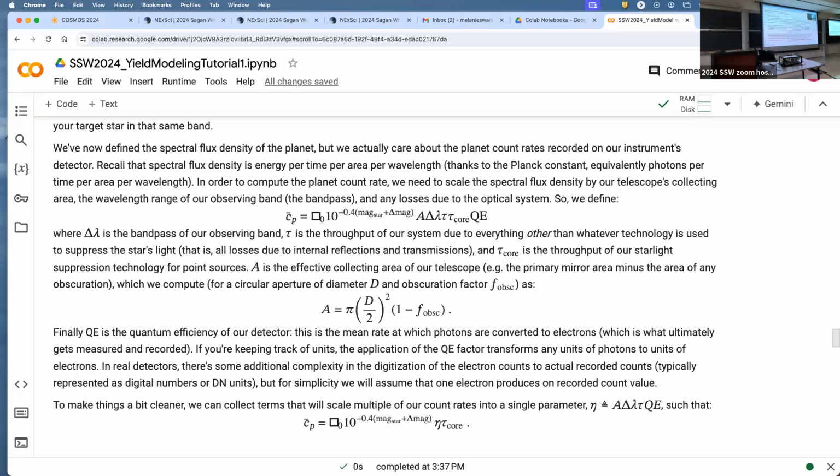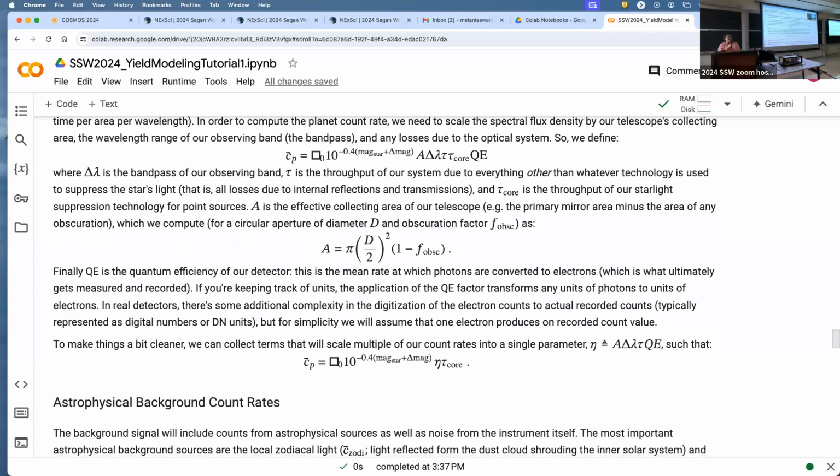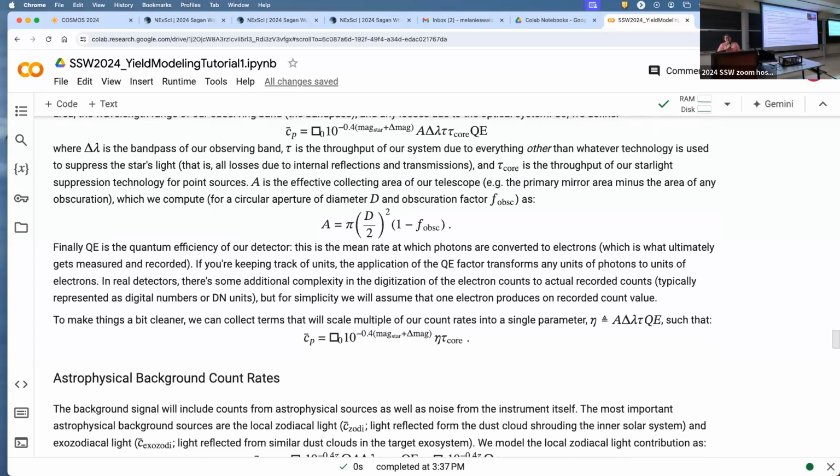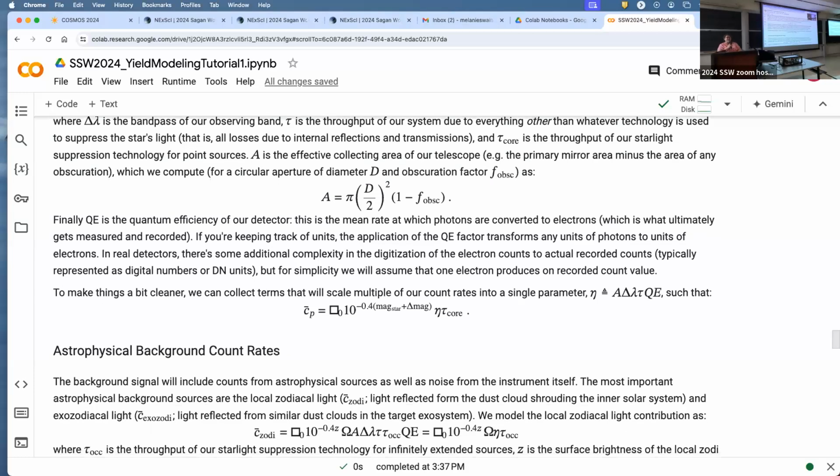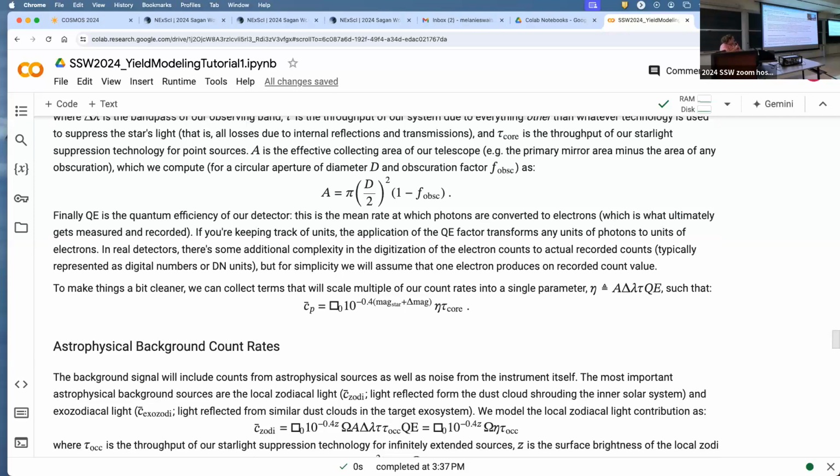Is it 14%? Is it more? That will be specific to the telescope. And we are assuming that every photon that hits produces an electron. So the QE helps keep track of that for us.